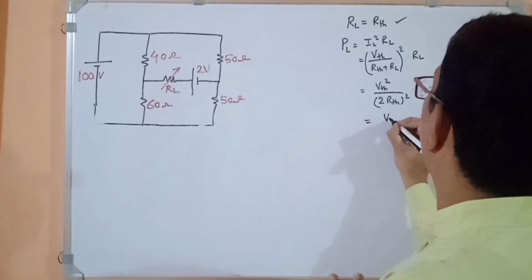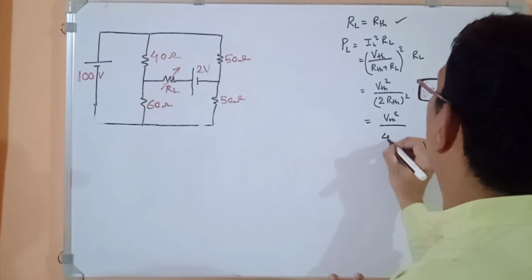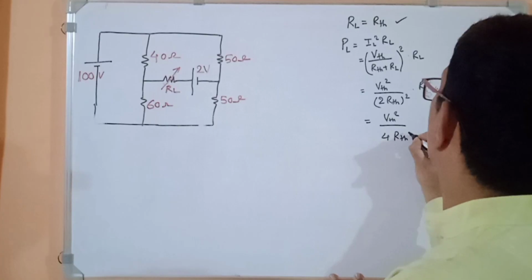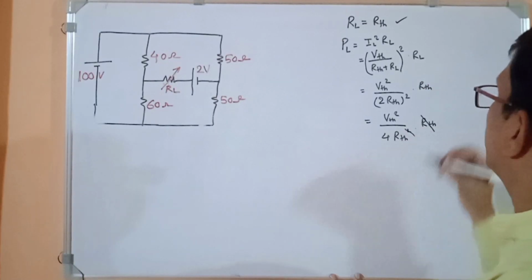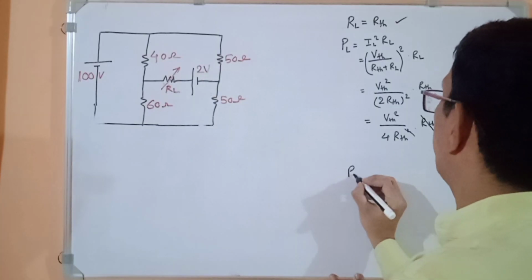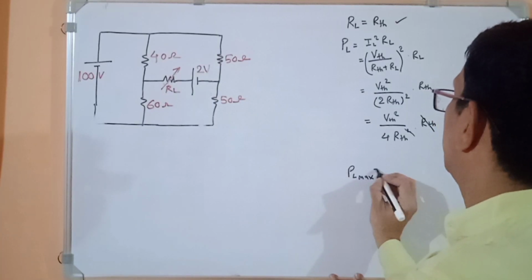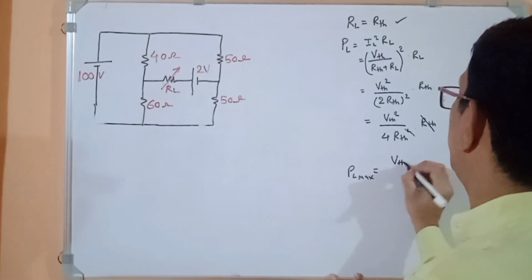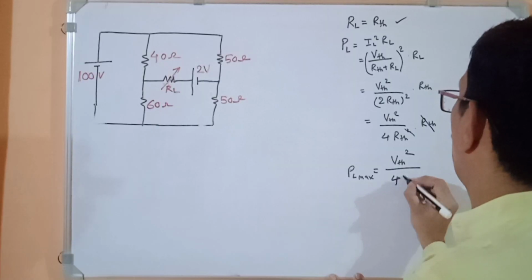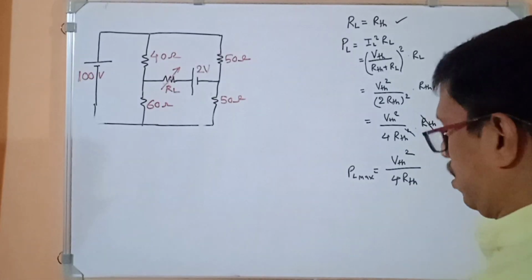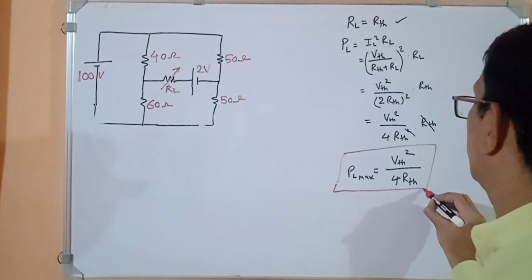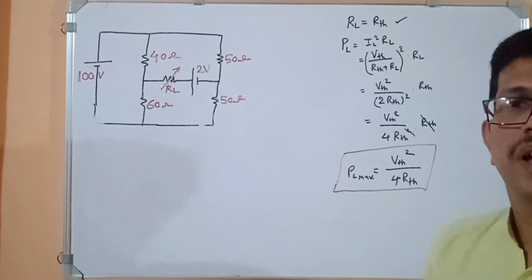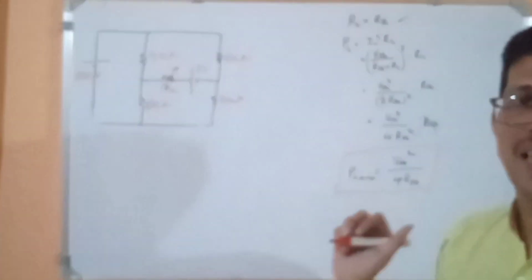So VTH square upon 4 RTH square into RTH. This square will get cut, and the formula for PL max will be VTH square divided by 4 RTH. This is the formula for maximum power transfer.